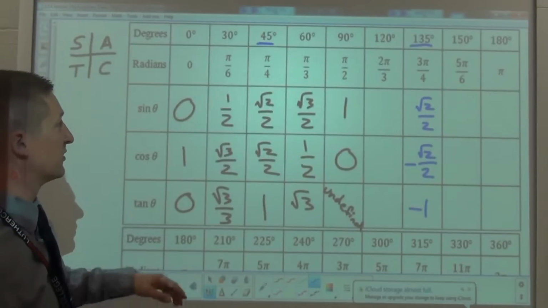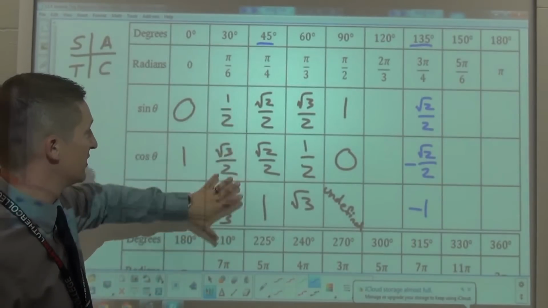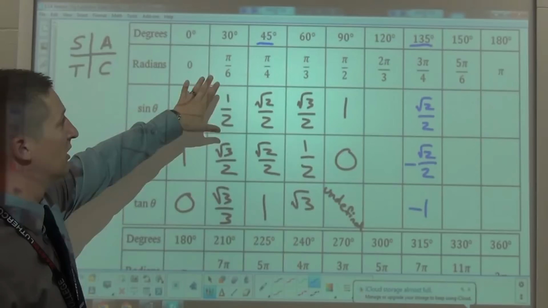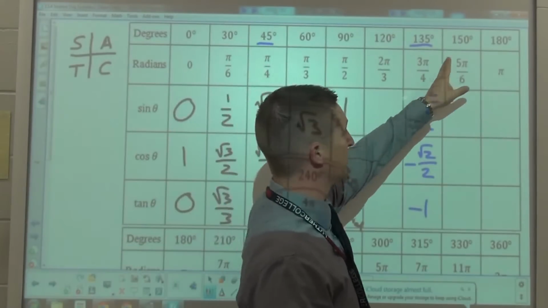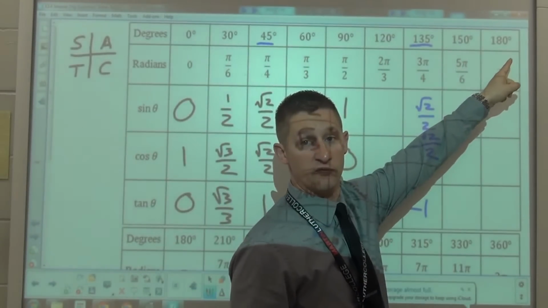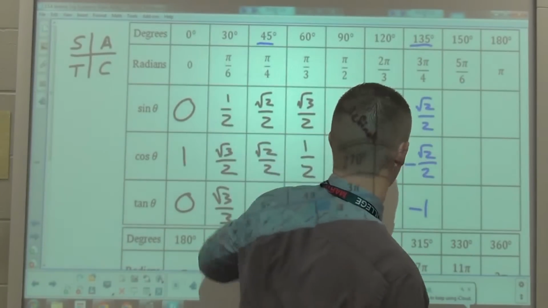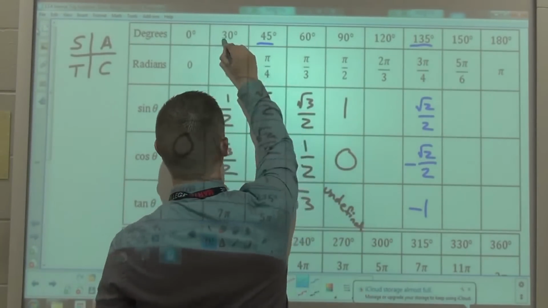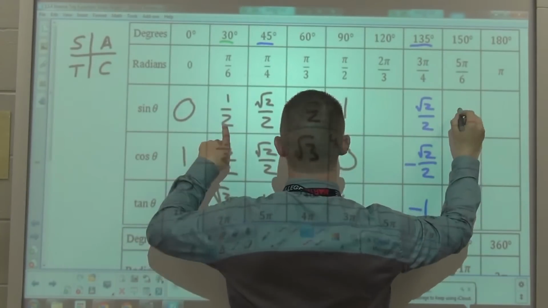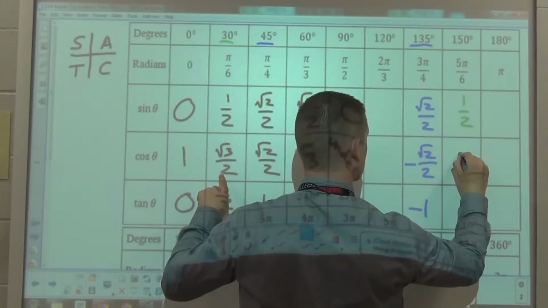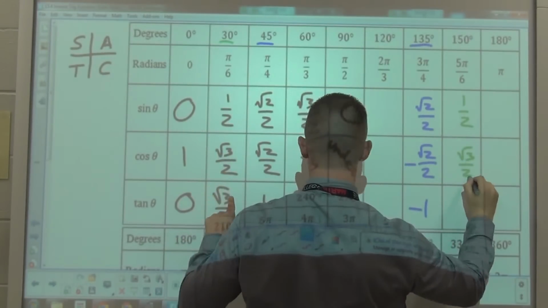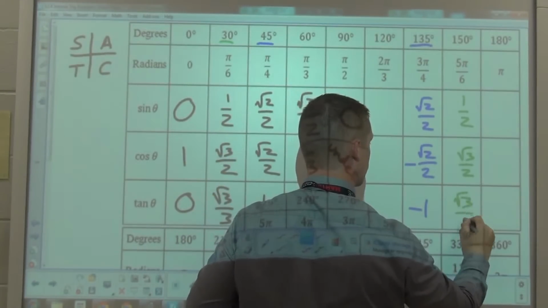Well, the next one I'll transfer over is my 30 degrees measurements. Of these, it has a reference angle of 30. 150 is 30 short of 180, so 150 and 30 are going to match up, which means I can put 1/2, square root of 3 over 2, and square root of 3 over 3 in these boxes.